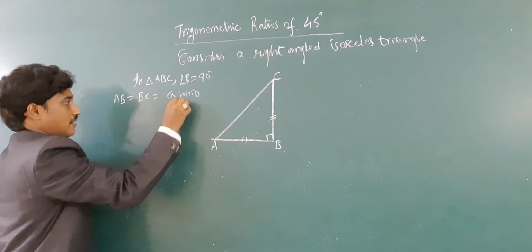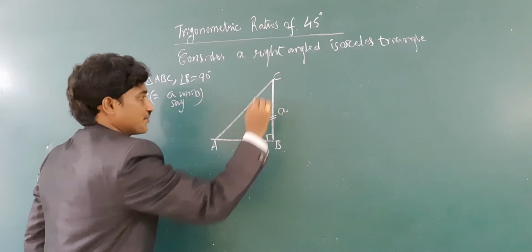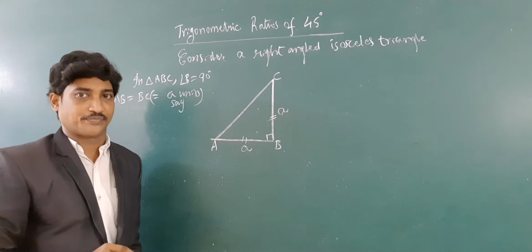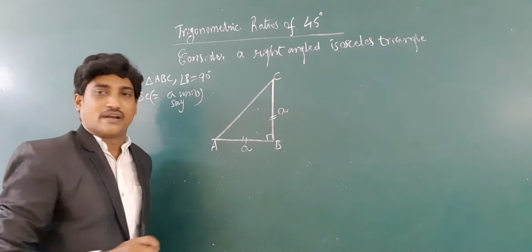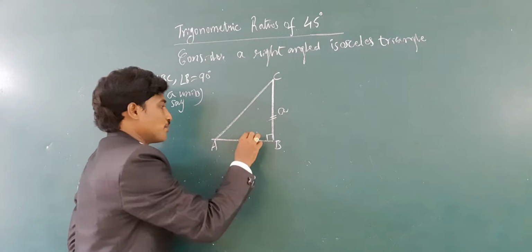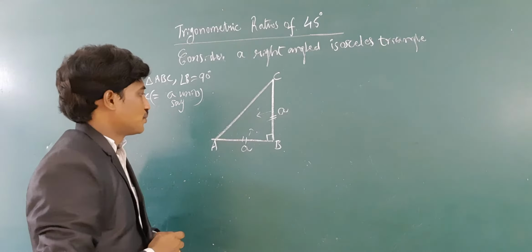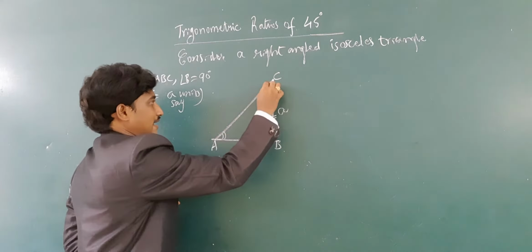Let me take AB as A units and BC as A units. In an isosceles triangle, equal sides' opposite angles are equal, so angle A is equal to angle C.